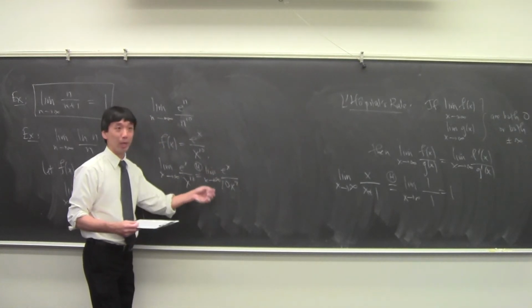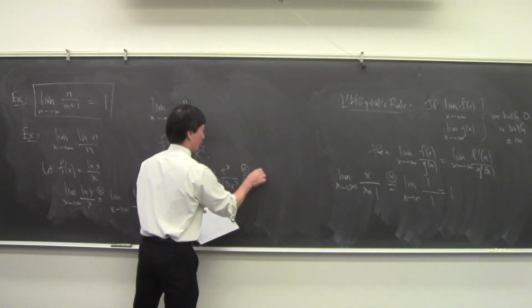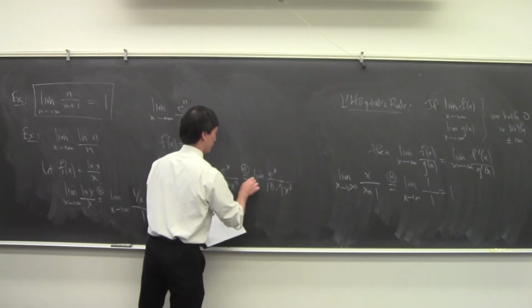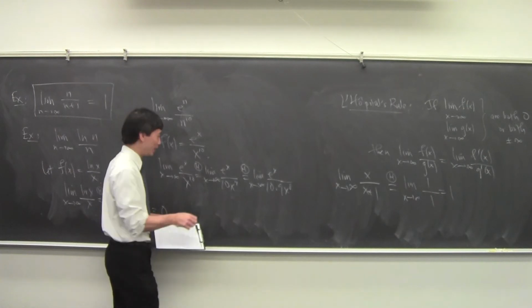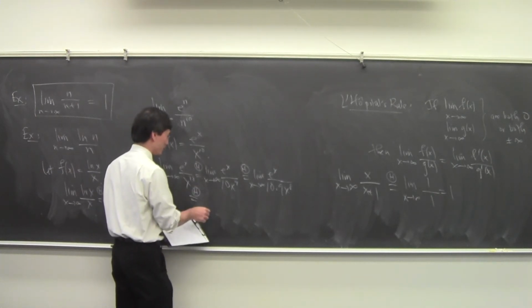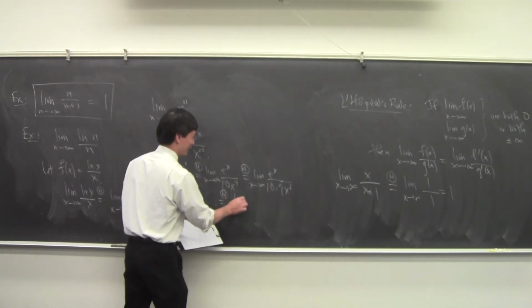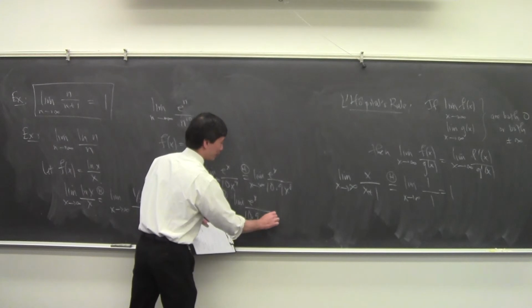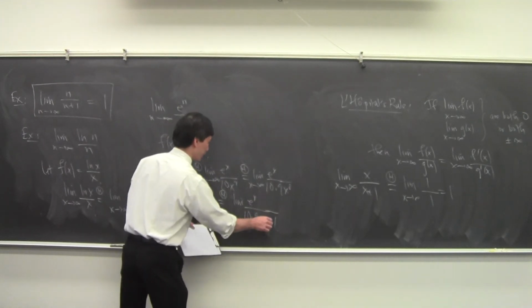But both top and bottom go to infinity, so by L'Hopital's rule, that's going to be the limit of e to the x over 10 times 9 times x to the 8th as x goes to infinity, right? But both top and bottom go to infinity, so you use L'Hopital's rule, and you keep on going. I'm not going to do it again. You end up with 10 factorial on the bottom.